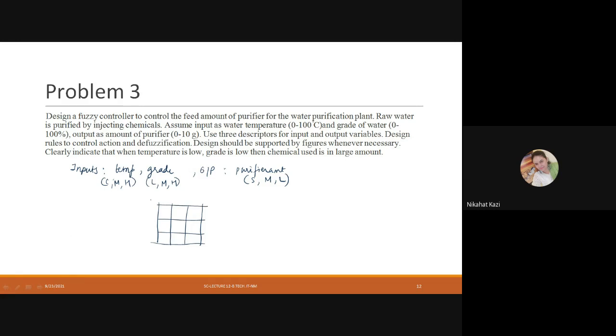Right? So let us think of the rule base. What will be the rule base? This is the temperature. This is the grade. Okay. Temperature. We'll write the descriptors of temperature here, descriptors of grade here.